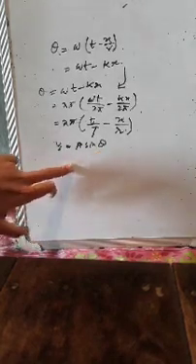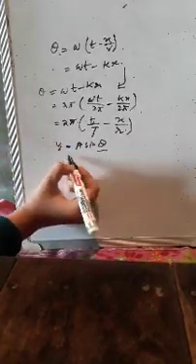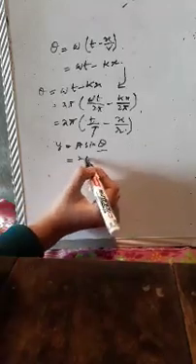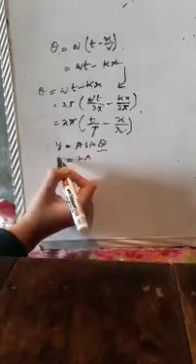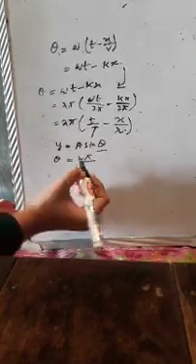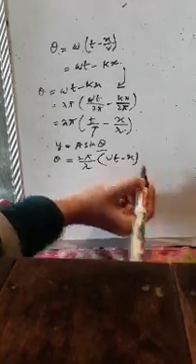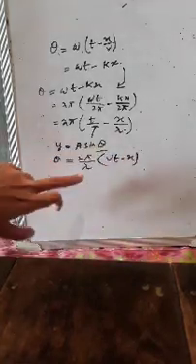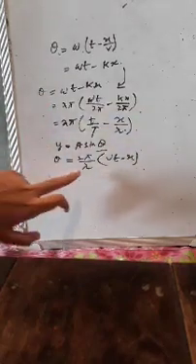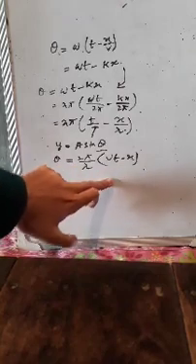We can put the value of theta as 2 pi by lambda, within bracket Vt minus x, because we have seen in the previous classes that theta can be written as 2 pi by lambda within bracket Vt minus x.